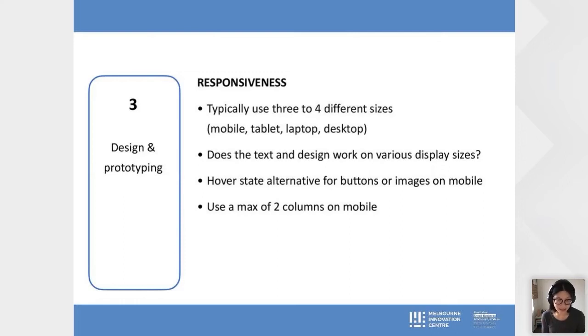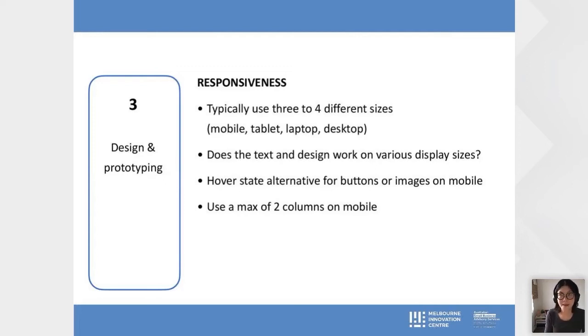So hover states are really important to know about, because hover states don't work on mobile. You need to find an alternative for buttons or images that might have a hover state. Most buttons are fine because people can see that it is a button and they just need to click on it.